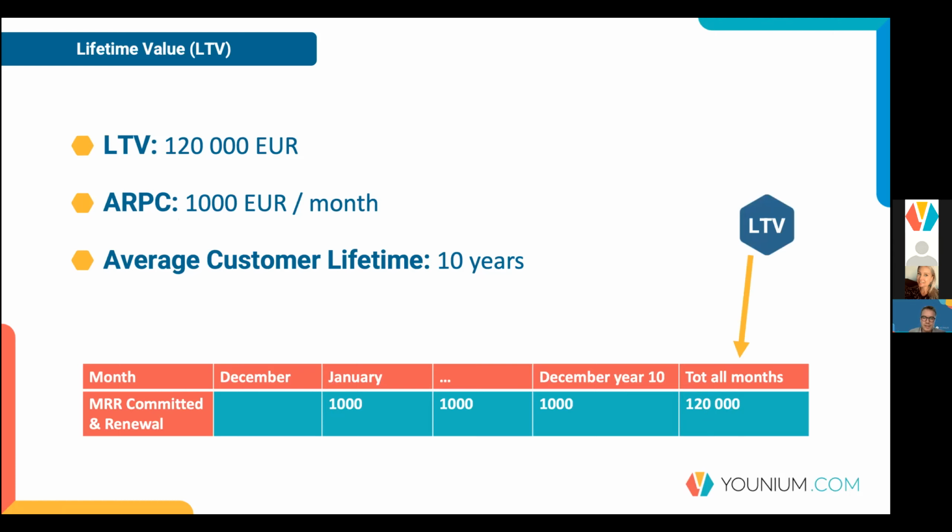So if we look at the LTV here then, which is 120,000 for this specific example and this customer, that's a completely different story than what we see in the financial system, right?